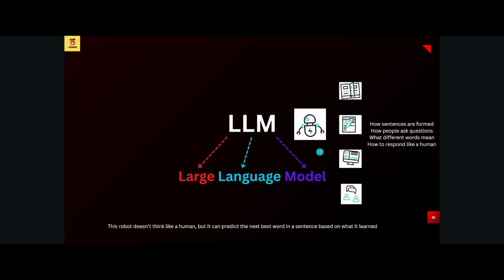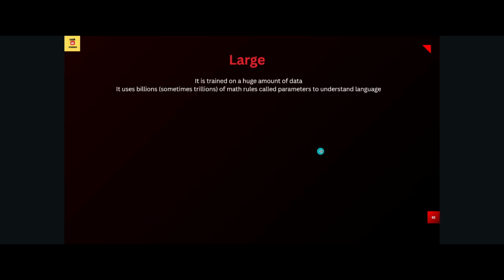If I want to tell you why large, it is because it is trained on a huge amount of data. It is trained on internet data, guys, and the internet has a lot of data. So it uses billions, sometimes trillions of math rules called parameters to understand language. So a lot of parameters are used so that your LLM understands the language.